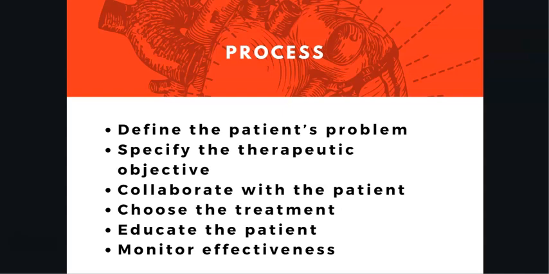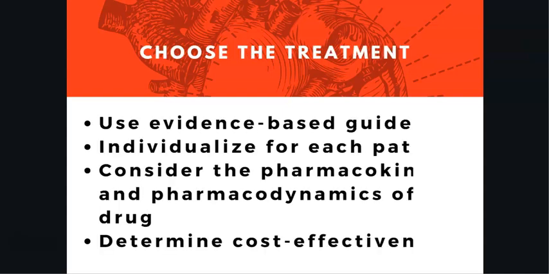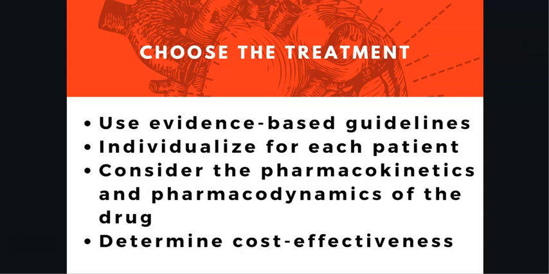If your patient is really skittish about taking a medication, they're not going to take it, no matter how much you talk about it. But if you educate them and they understand, you might be able to get them to see, okay, this is going to help me, but it's going to take a lot of education for that. So when you're choosing the medication, use evidence-based guidelines.